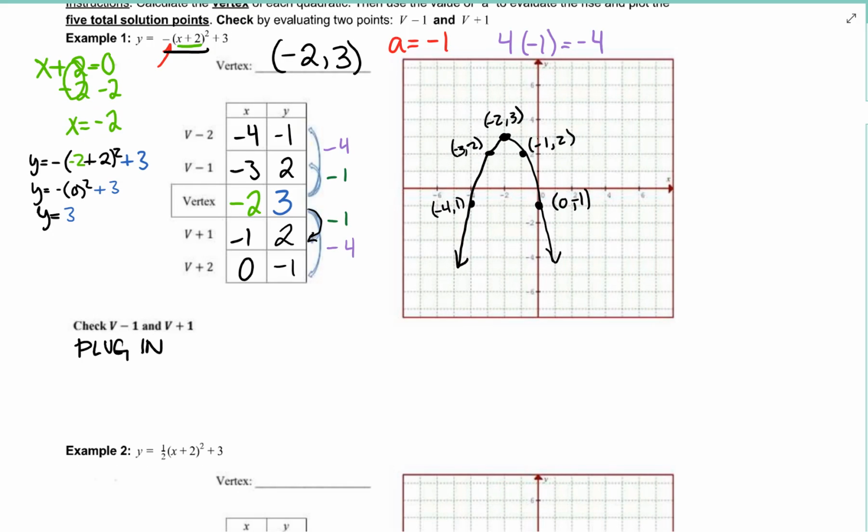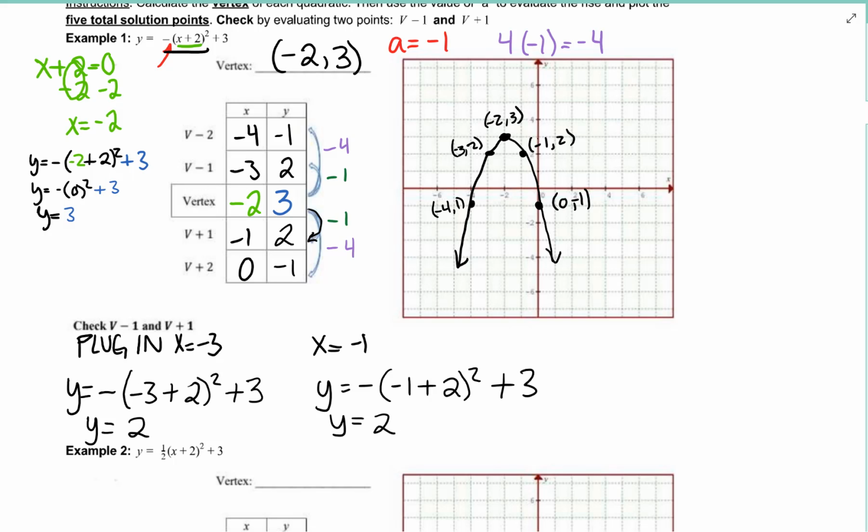V minus 1 is negative 3, so I'm going to plug in x equals negative 3. And V plus 1 is x equals negative 1, so I'm also going to plug in x equals negative 1 right where you see this x in the original equation. And you can use a calculator to check those. We got it correct. Those are both 2.